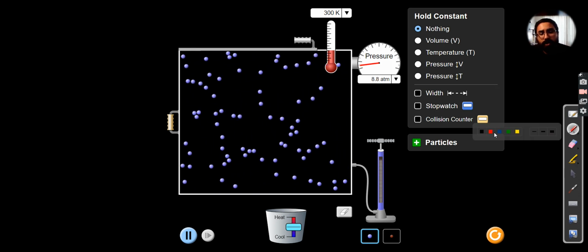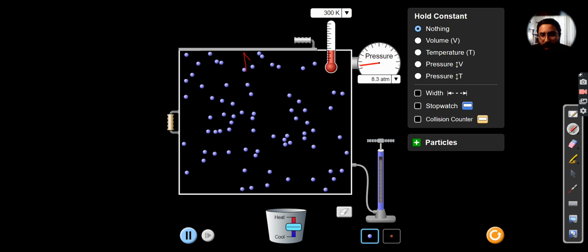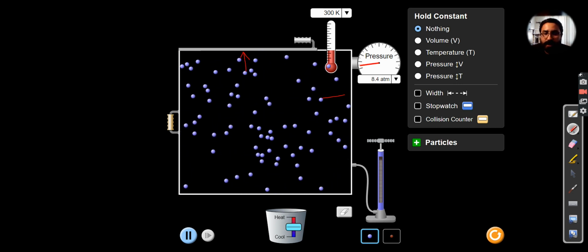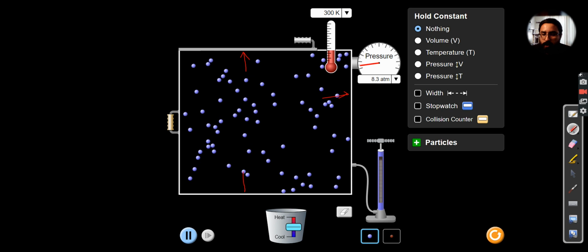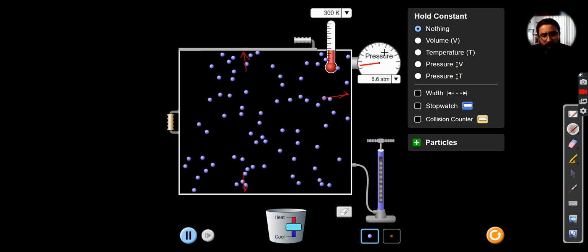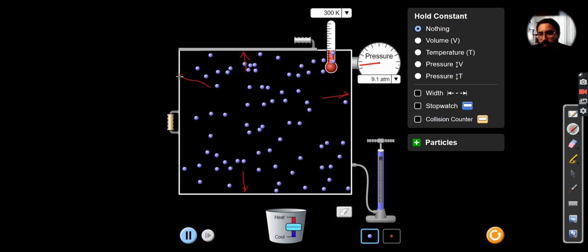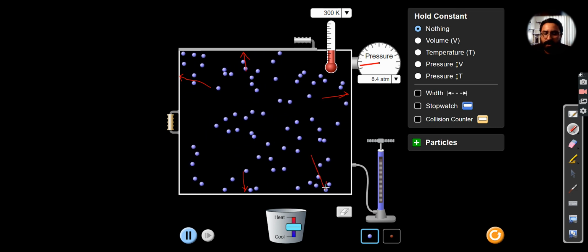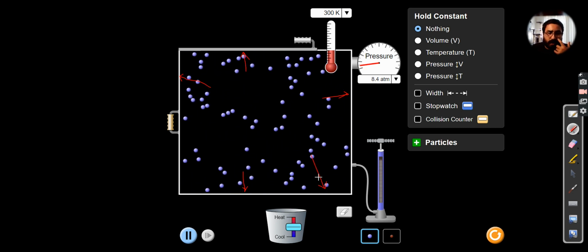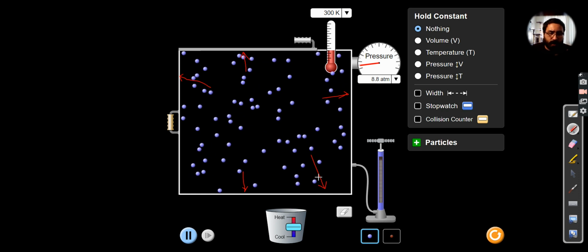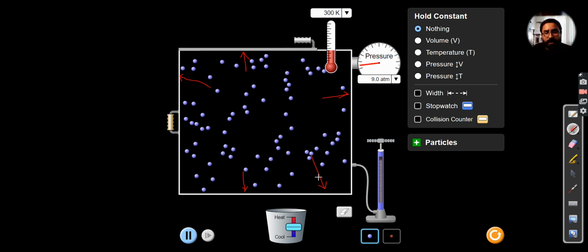Now, the number of collisions, or how frequently these gas particles hit the walls, will increase the pressure. And there's multiple ways that we can increase the pressure. All you have to think about is what ways can you increase the number of collisions inside the container?